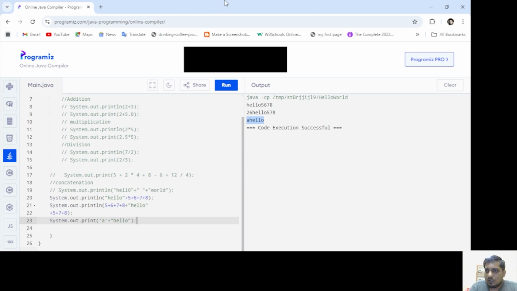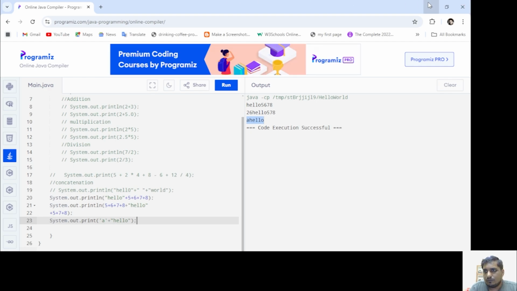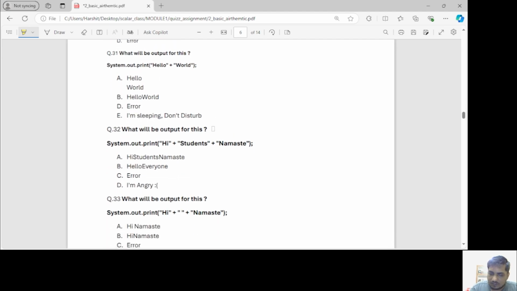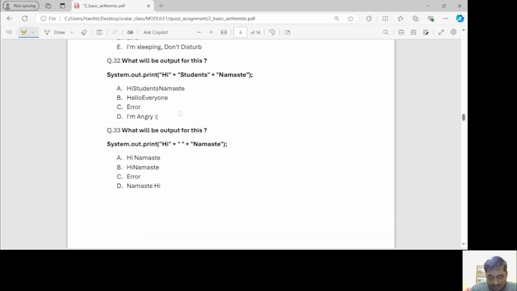Now we will solve the quiz. Now see the question. System.out.print hello plus world. So here it will be simply added, means there is no space, "helloworld" will be printed. Coming to quiz number 32, see the question carefully.